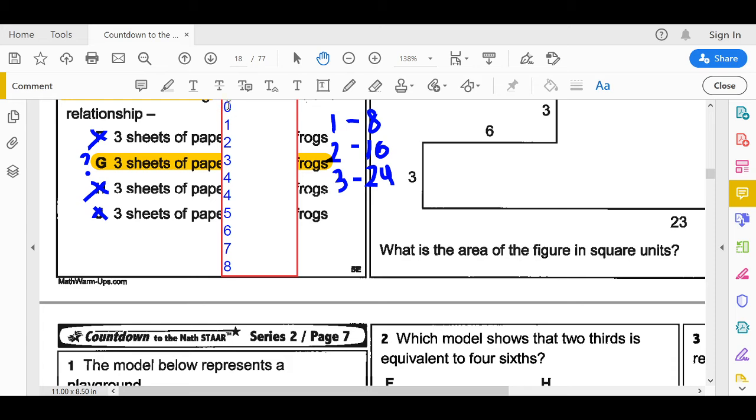The first column, we're going to go from 0 to 8, as you can see here that I did. We need to put 4 two times, so 0, 1, 2, 3, 4, 4, 5, 6, 7, 8.